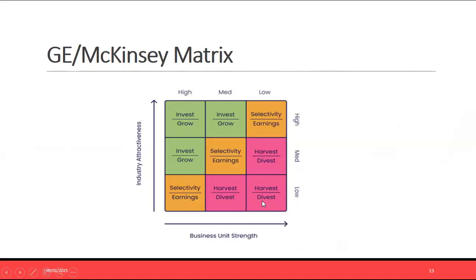which means you either sell out that business or you find a way of investing in something else, not that business. Then if the business unit has a medium industry attractiveness and a low business unit strength, what do you do?